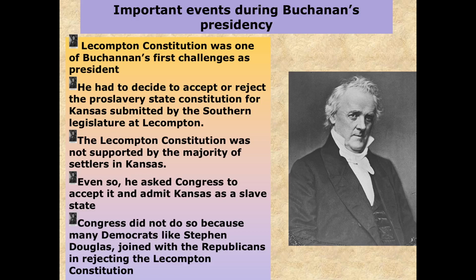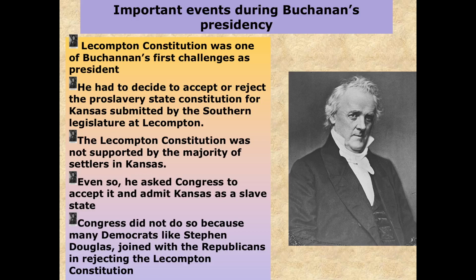Going against the wishes of the people of Kansas. Congress, though, rejects him pushing the Lecompton Constitution as legit, because a lot of senators are going to reject it, including Stephen Douglas. Because, remember, popular sovereignty is his thing, and the people did not want the Lecompton Constitution.